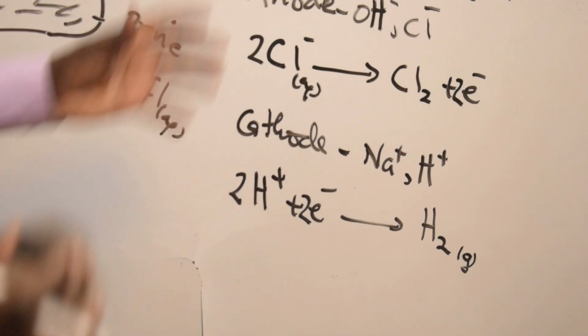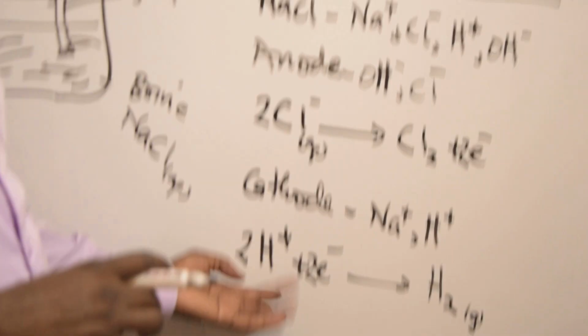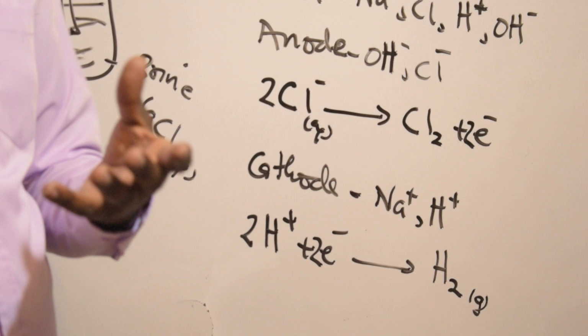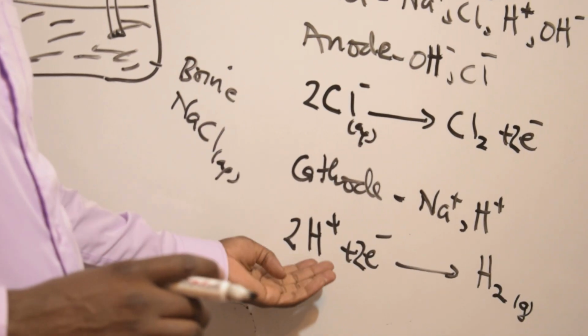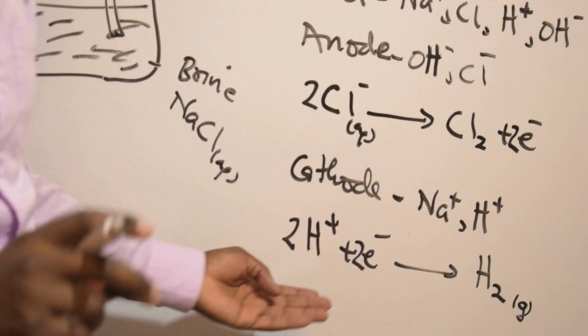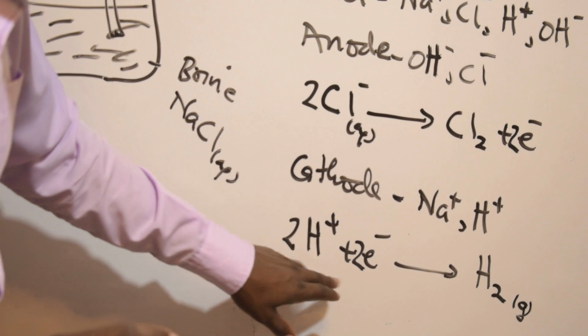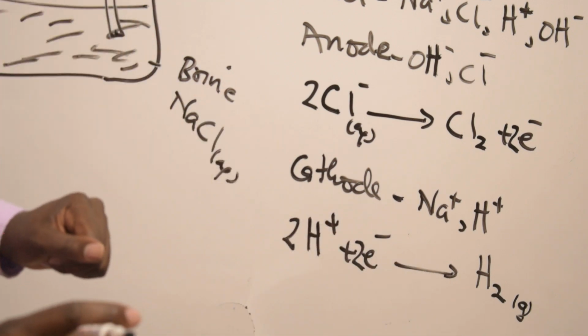Now, maybe I can also mention something about the pH. Remember pH has something to do with the hydrogen ions and hydroxide ions. In this particular case, the hydrogen ions are being discharged, while the hydroxide ions are not discharged.